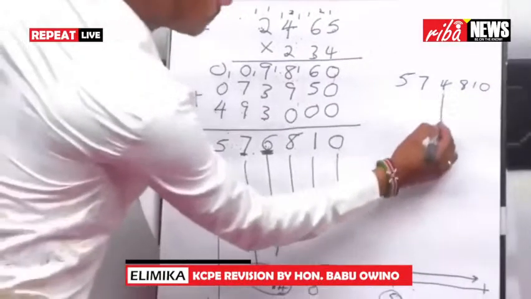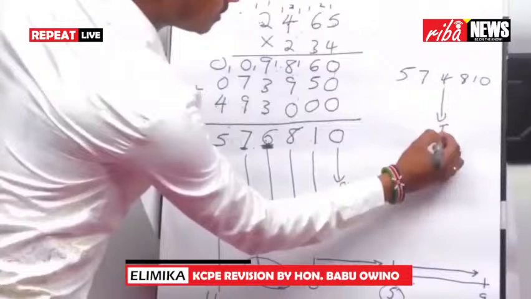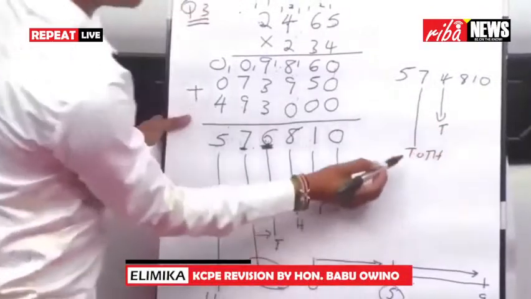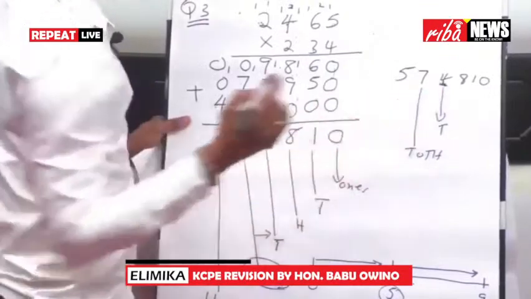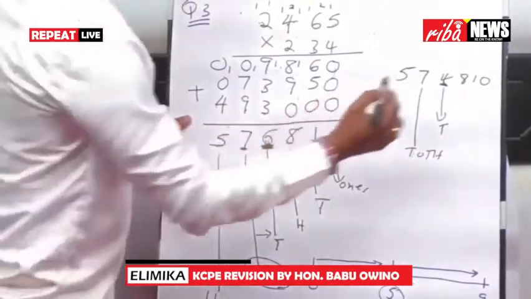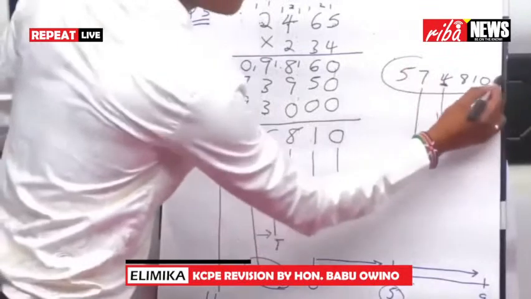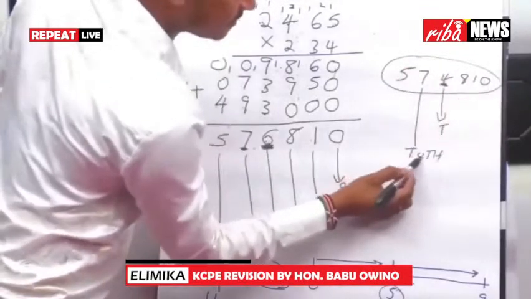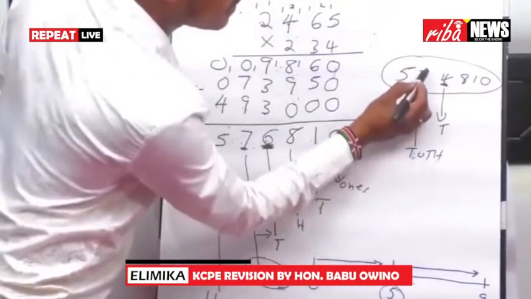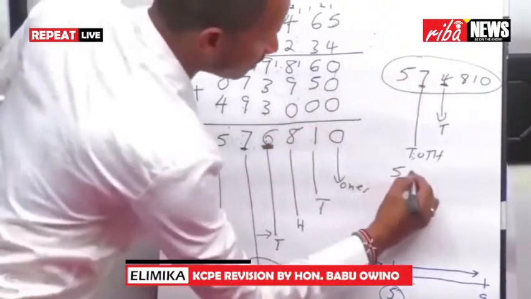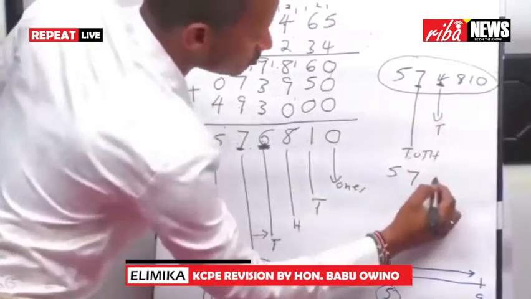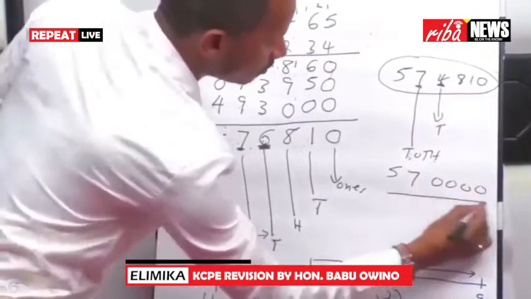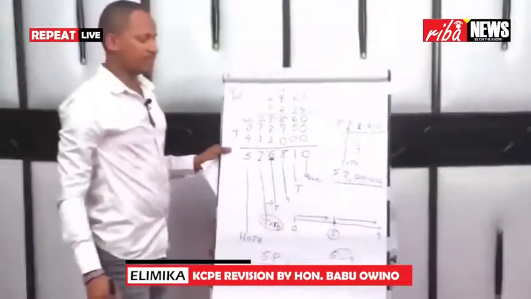So this is thousands and this is tens of thousands. If it is to the nearest tens of thousands, look at this number. If it is less than 5, then the value of the tens of thousands, which is our focus 7, remains the same. So our answer will remain 57. Then you replace all these 4 numbers by zeros. 1, 2, 3, 4. So our answer would be that.